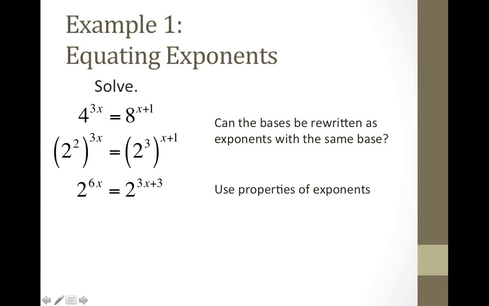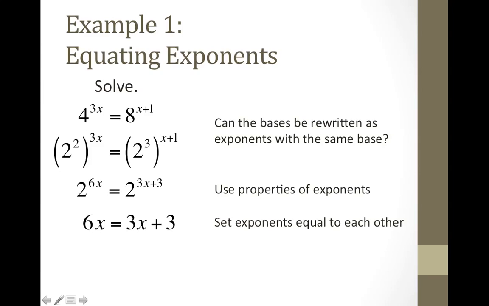And when I take the 3 times this x plus 1, I have to distribute and make it 3x plus 3. So now I'm saying that 2 to the 6x power has to be equal to 2 to the 3x plus 3 power. Well, the only way that these two sides can be equal to each other, now that they have the same bases, is if the actual exponents are equal to each other.